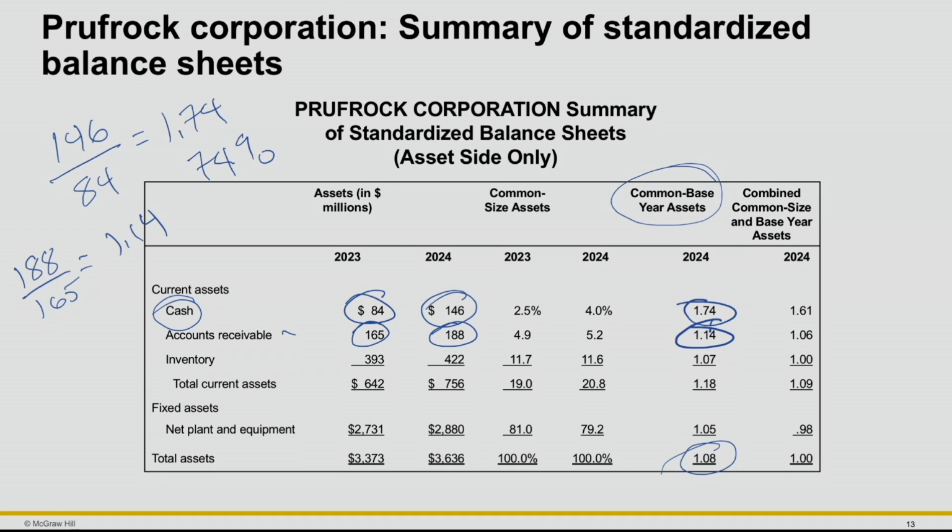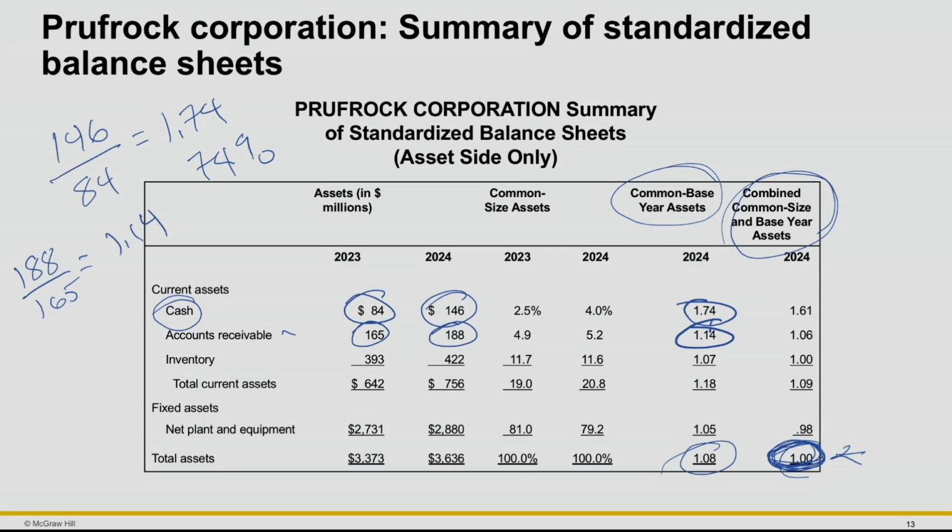What gets a little less straightforward is the common size combined with a base year. Okay, so when we combine common size with a common base year, notice that total assets is 1. That's what we're doing. We're trying to scale the assets. We're making that common size. And so we're looking at 2024 in particular.